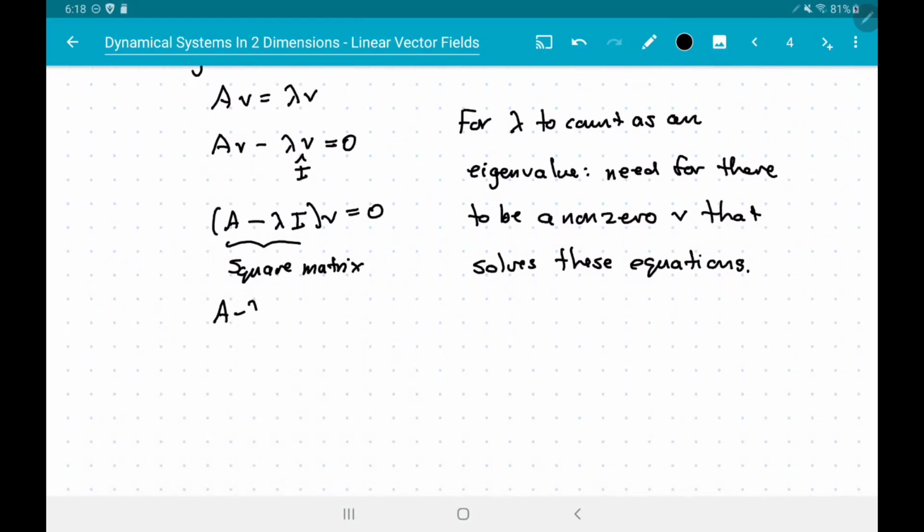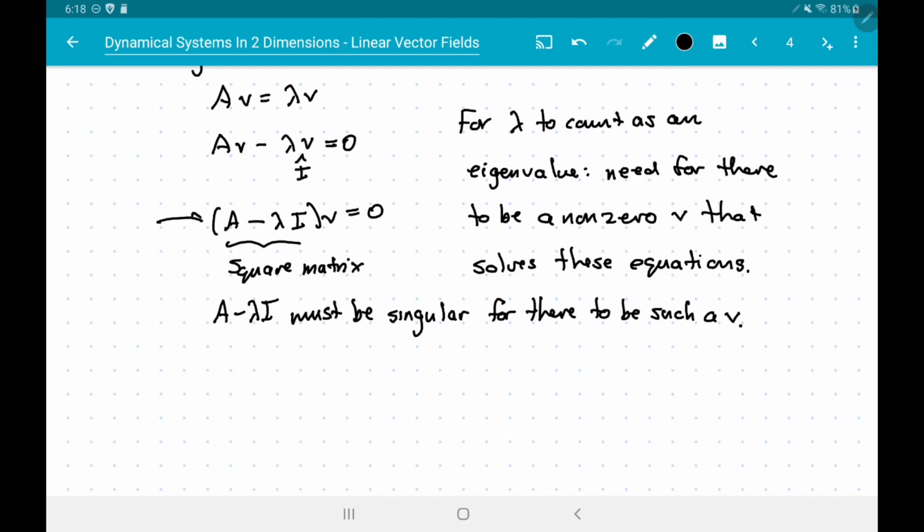So A minus lambda I must be singular for there to be such a V. If A minus lambda I is not singular, then the only solution to this equation would be V equals 0.